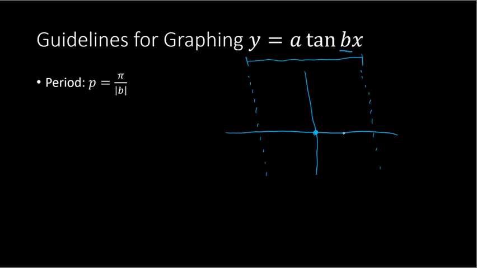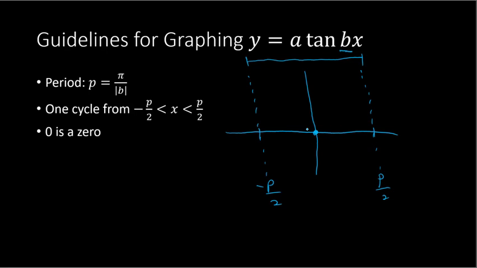So it's going to go all the way over here to pi over 2, and then over here to negative pi over 2. So one complete cycle is going to be where x is between negative pi over 2 and positive pi over 2. And again, the point 0 is a zero of the function. It's going to look something like this.